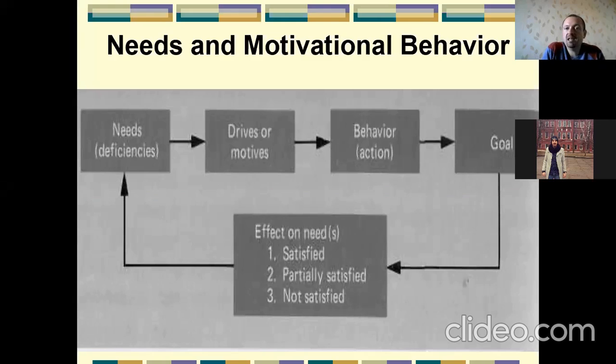The worker behaves, and through this behavior, the worker can satisfy the need, can partly satisfy a need, and in some cases the worker behaved, but the need stayed not satisfied.